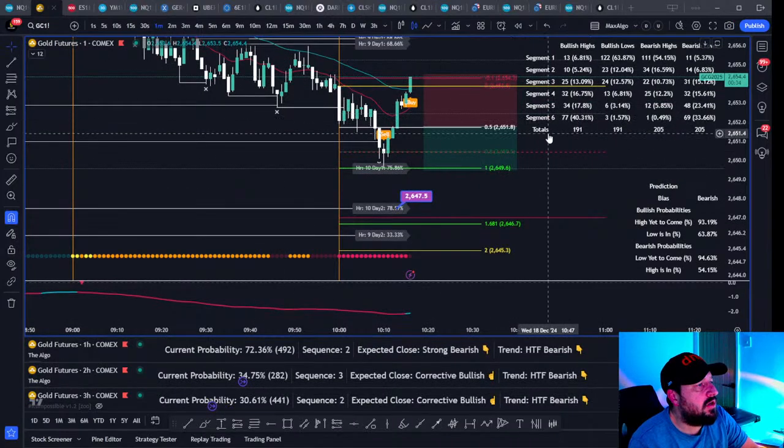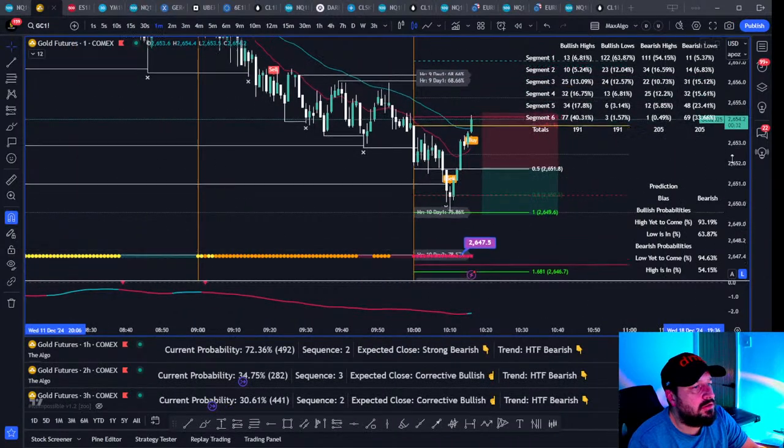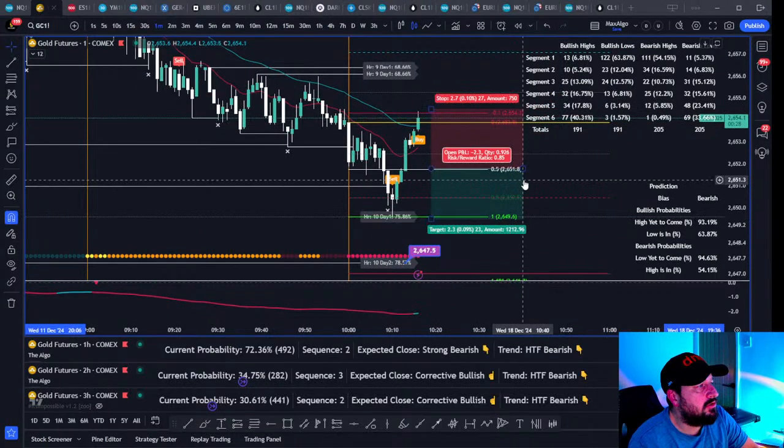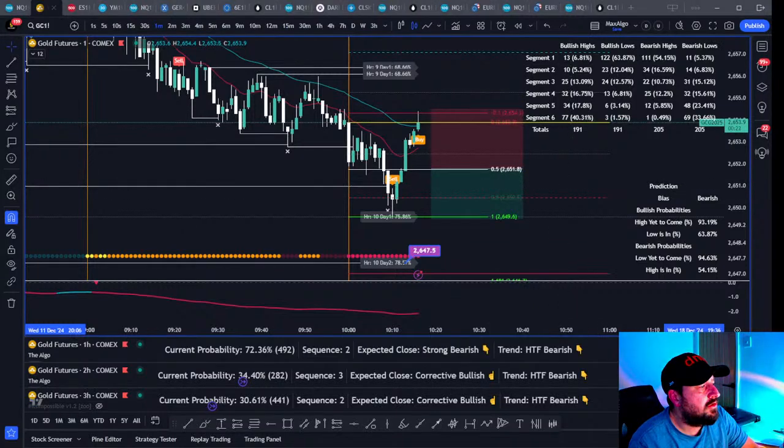Right, stop hit on gold. And we now get an early buy signal. It's not quite hit.